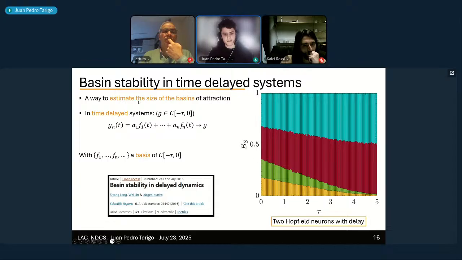It's basically a measure of how big a basin of attraction is, so the volume in phase space of a basin of attraction. And what you do is simply take random points in the phase space, like a Monte Carlo simulation, and you calculate how many go to one attractor or how many go to another.